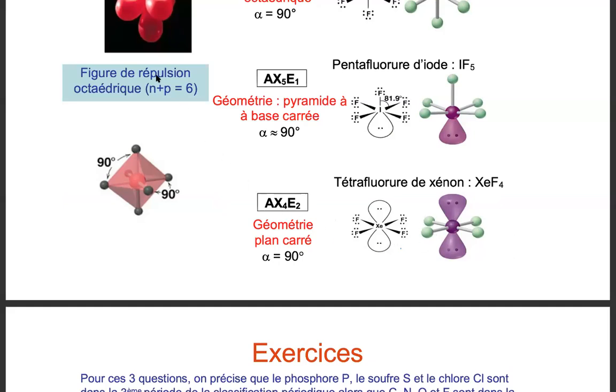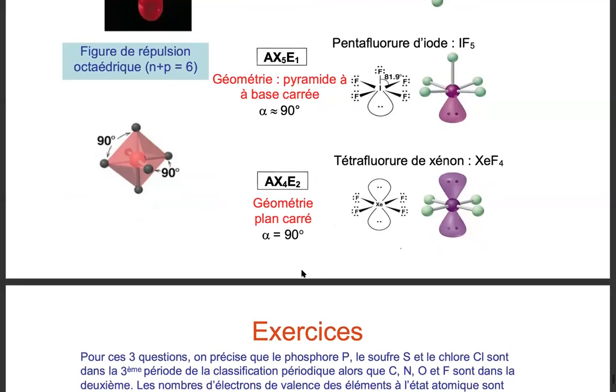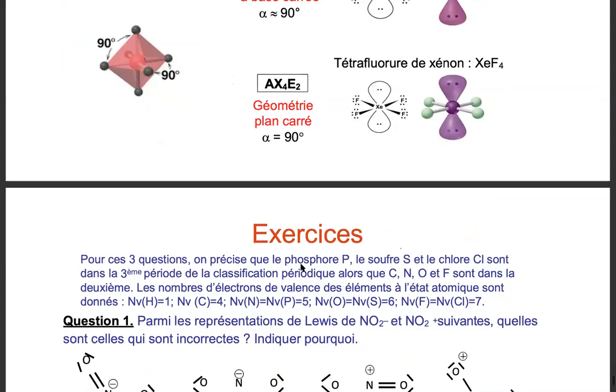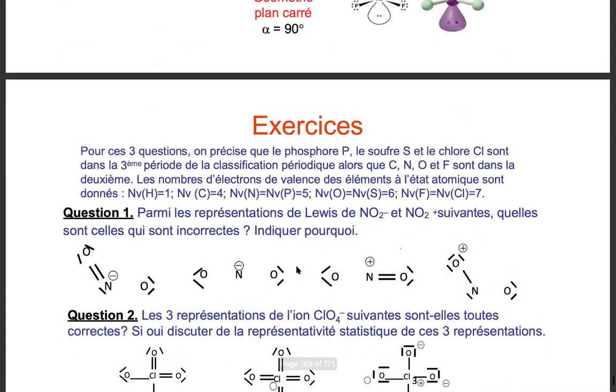And P is equals to 2, that is 1, 2. We're going to have 90 as our angle between the adjacent fluorine atoms, including the lone pair electrons.